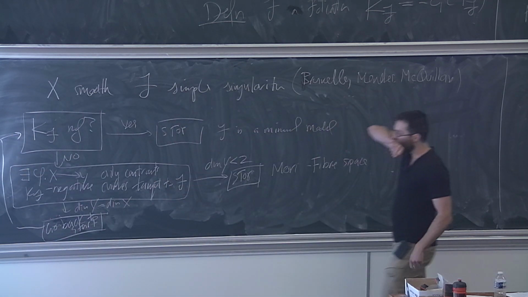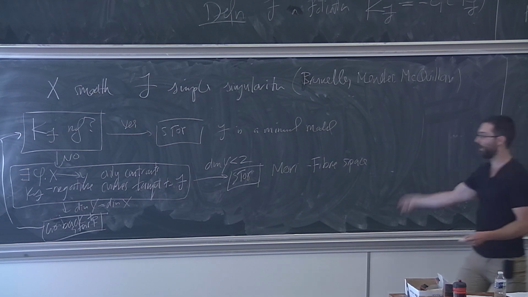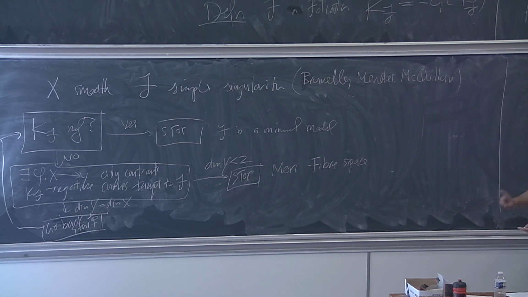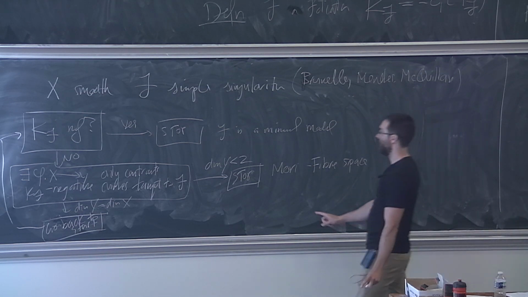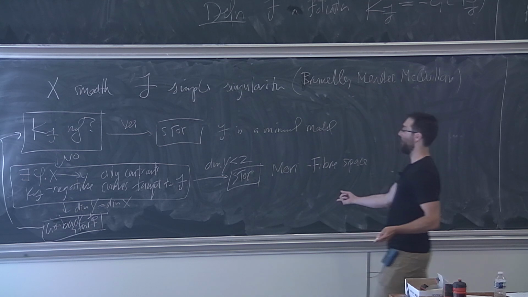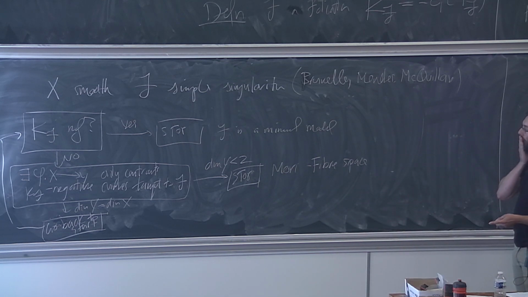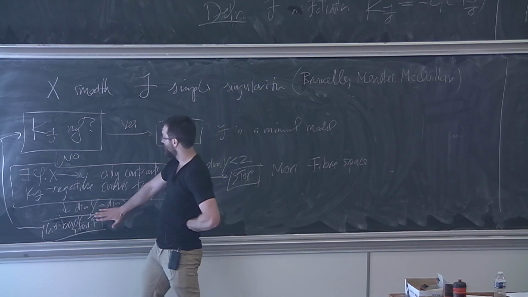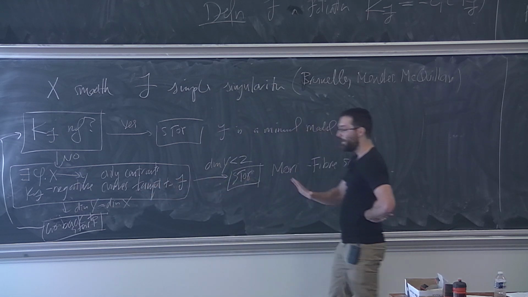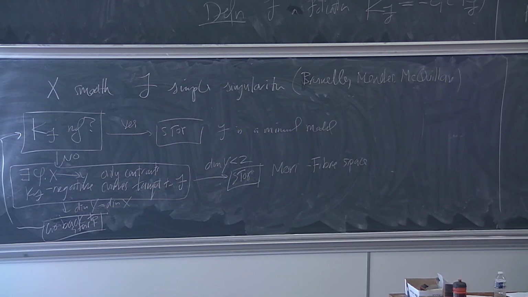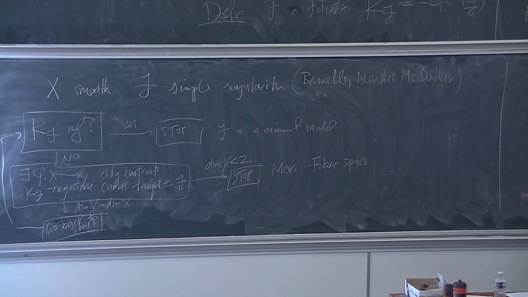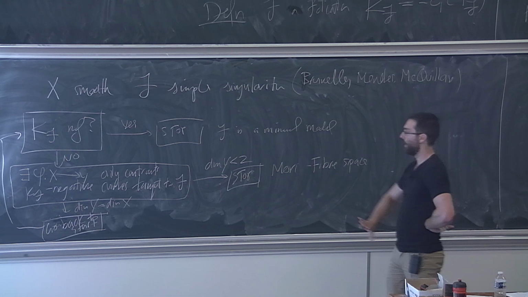The point is that each time we run through this diagram, the Picard rank of the surface decreases by 1, so eventually this process has to terminate in either a minimal model or a Mori fiber space. I should mention a small subtlety: when we contract the curve, Y might actually be singular. But it only has cyclic quotient singularities, a very mild singularity, so it's not too much of a cheat to say we just go back to start.